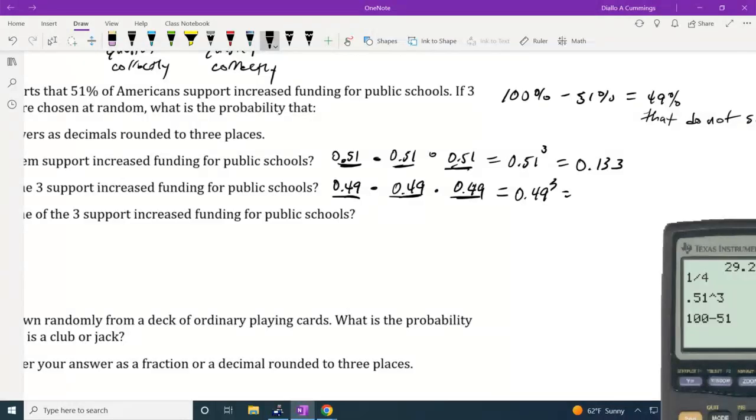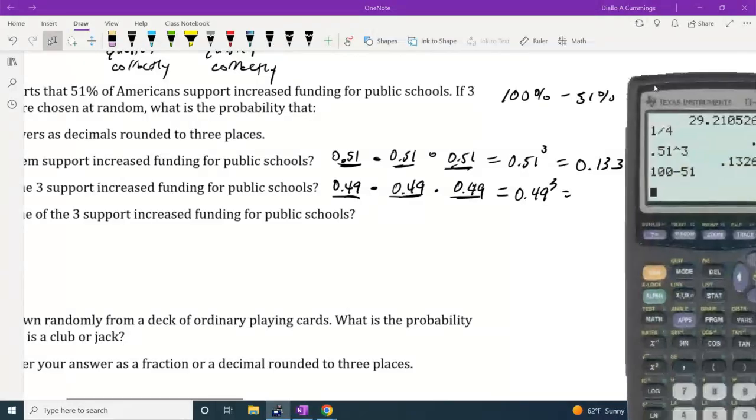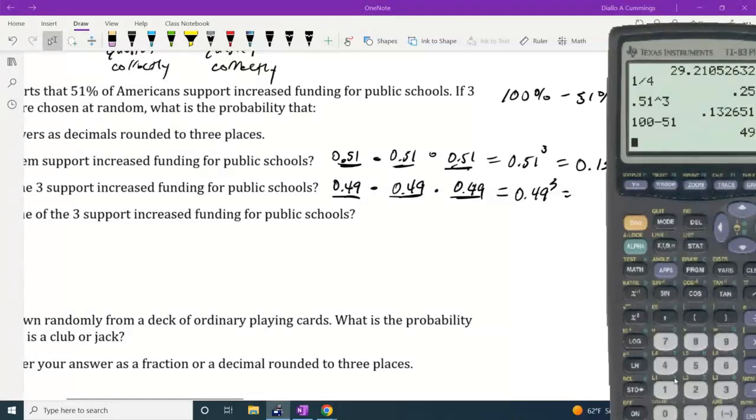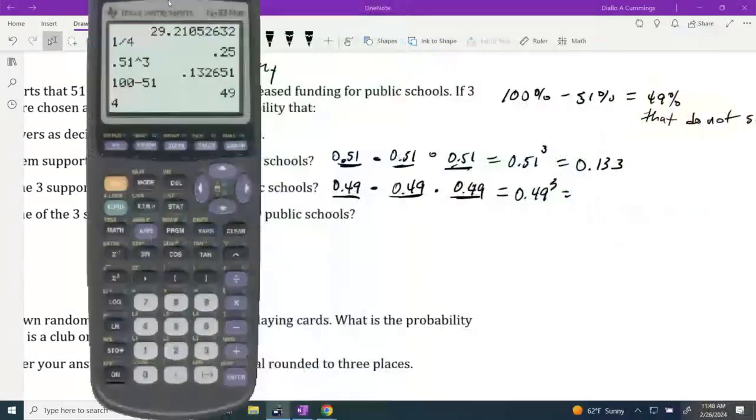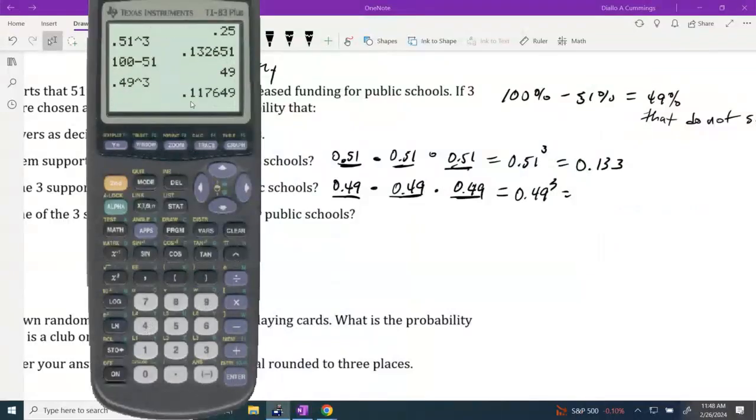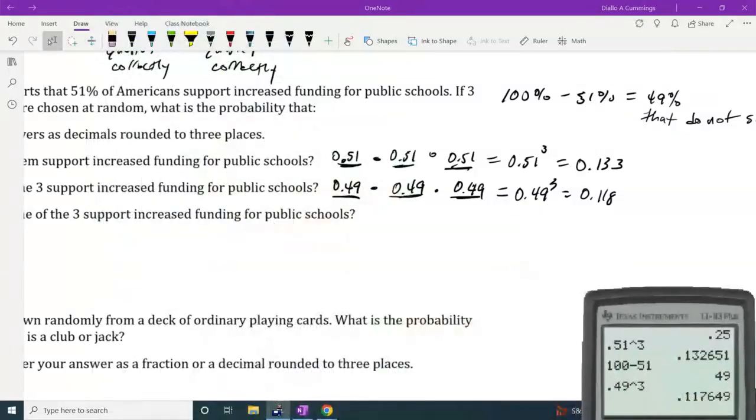So writing that out in exponential notation is 0.49 to the third power, which is 0.118. All right, so it's about 11.8% probability for choosing 3 people who do not support it.